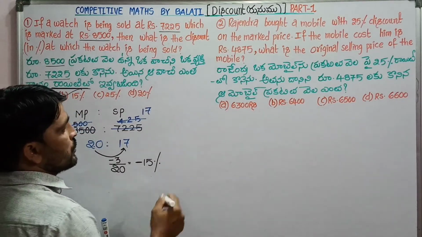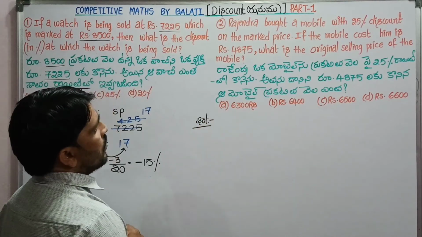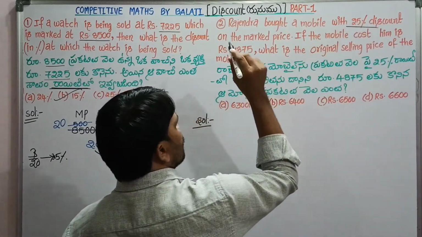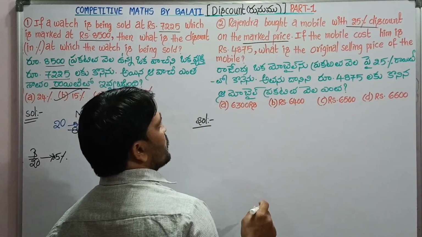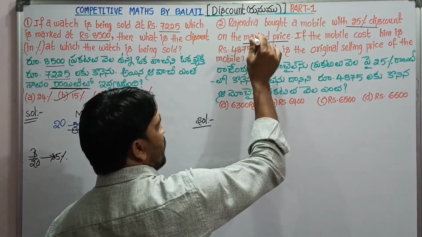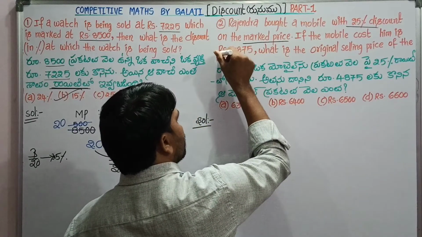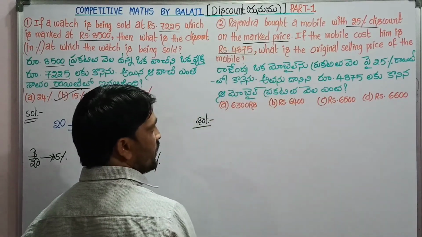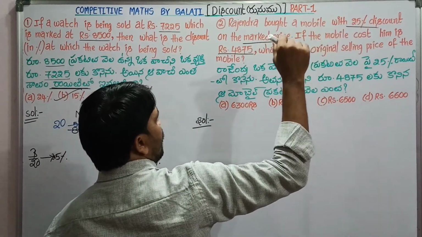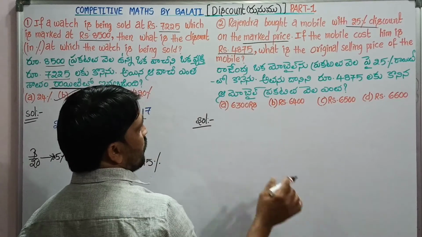Okay, next question. Rajendra bought a mobile with 25% discount on the market price. If the mobile cost him rupees 4,875, that is after giving 25% discount, the cost of the mobile is 4,875 for Rajendra.